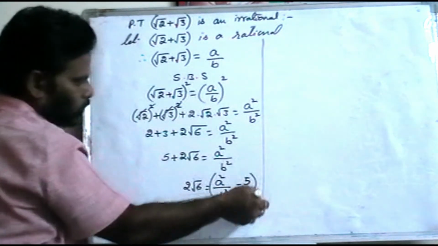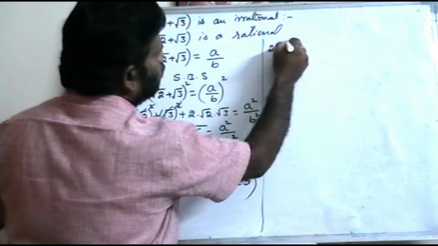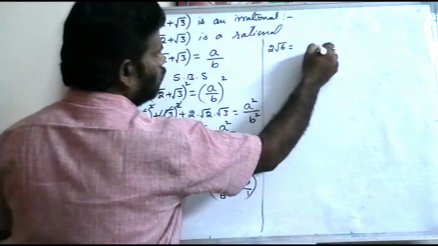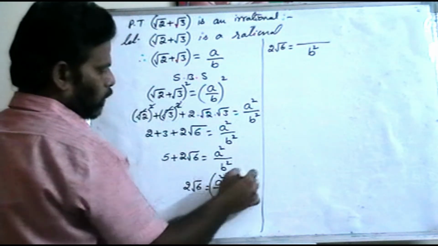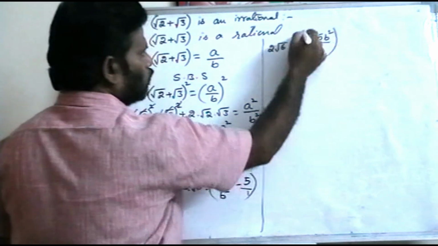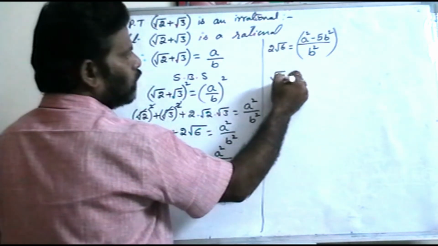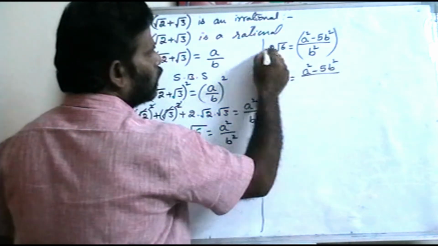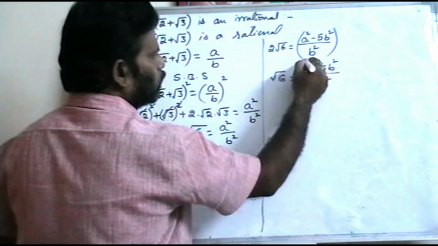That implies 2 root 6 is equal to, if we take LCM, A square minus 5B square by B square. Now root 6 is equal to A square minus 5B square by 2B square.